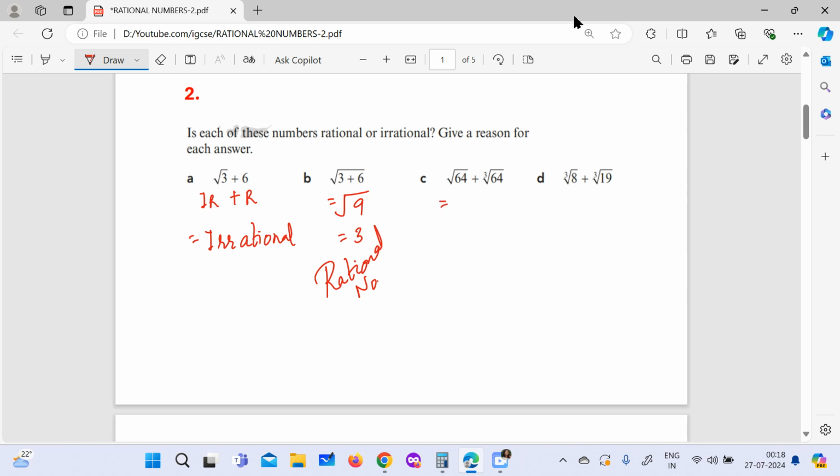Root 64 is 8 and cube root of 64 is 4, so you get 8 plus 4, 12. Again, this is a rational number. Now here we have cube root of 8 and cube root of 19. We can write cube root of 8 as 2, but we cannot write cube root of 19 like that. So this is one irrational number, so our result will be irrational.